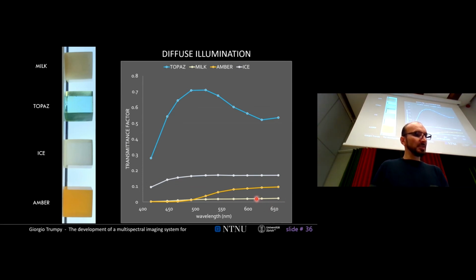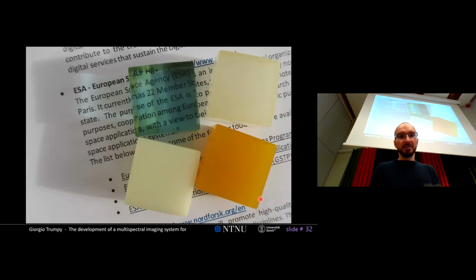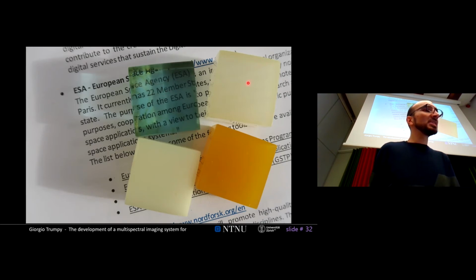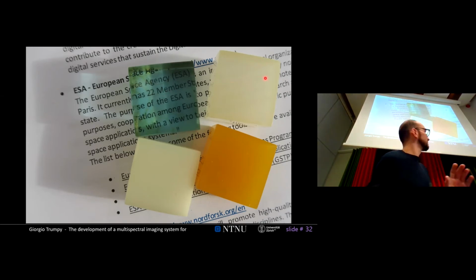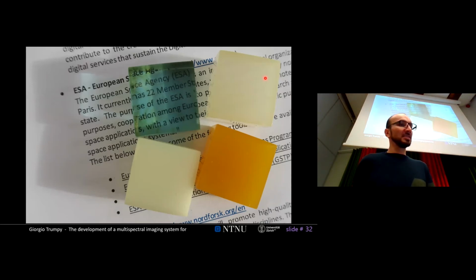The milk one is the least transmitting because it scatters a lot. Here we read nothing underneath. Here we read very well. Here we read something. I don't know if you see, but you can see the ink underneath, and here almost nothing.